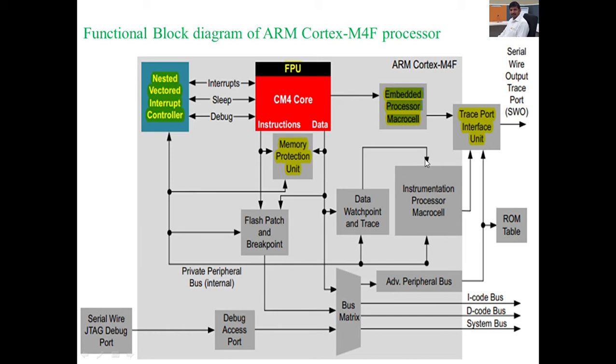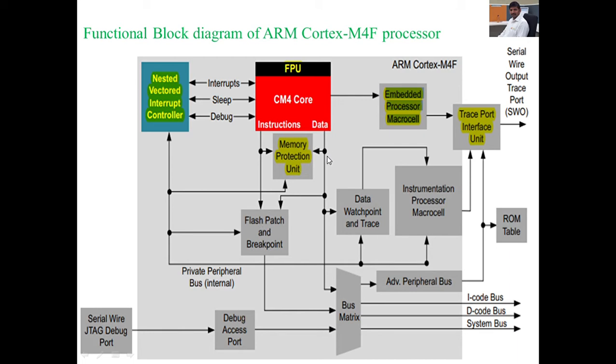And it contains a memory protection unit to avoid unauthorized access of the memory. And it contains various communication buses for connecting all these things. One is the instruction bus to fetch the instructions from the memory and other devices.